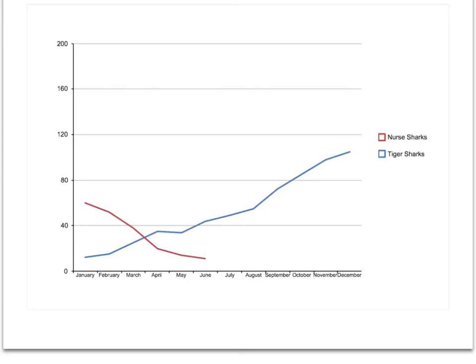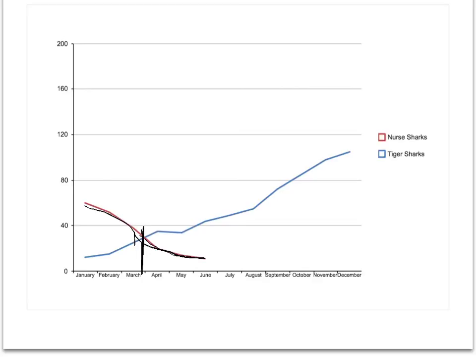So when we do this, we actually see that here we are, the tiger sharks, and then we get a line that just says, hey, this is your best fit line for what the data is showing. And so approximately, if this is March, this would be April.